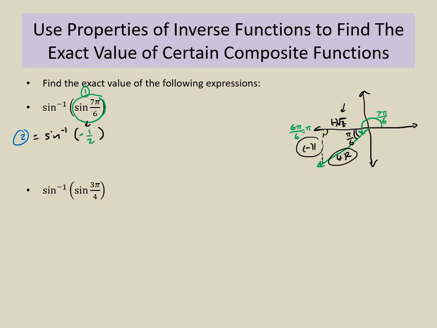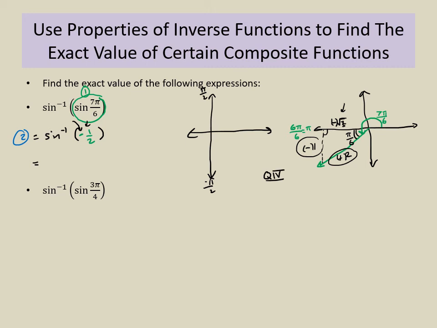Negative 1/2. So now step 2 is figure out what is the inverse sine of negative 1/2. Well, once again, the inverse sine gives us an angle between negative pi over 2 and positive pi over 2. The fact that this is negative tells us that we're going to be looking for an angle here in Q4. And which angle is that going to be?